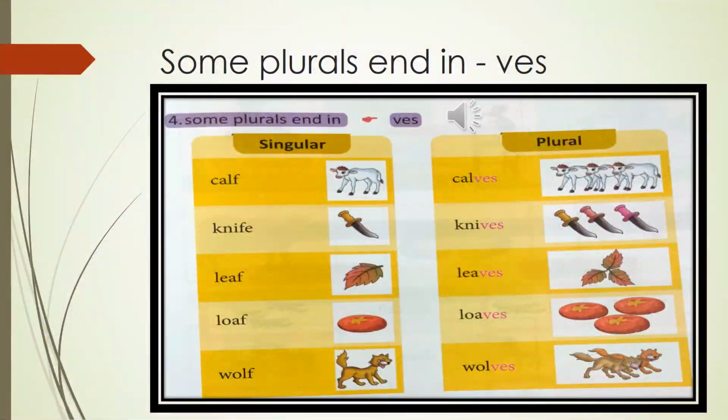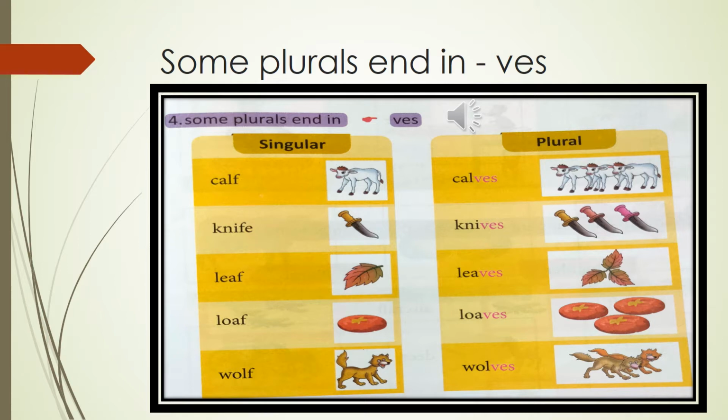Now here we will discuss some plurals that end in VES. For example, in singular it's calf, C-A-L-F. But when we change calf into plural, it becomes calves. In the second one, it's knife. But when we change knife into plural, it becomes knives, K-N-I-V-E-S, which means F-E changes into V-E-S.